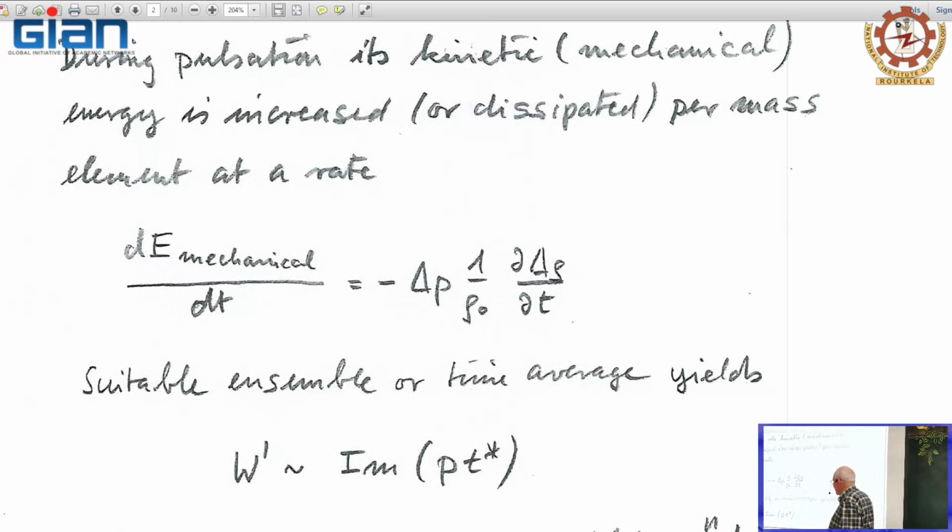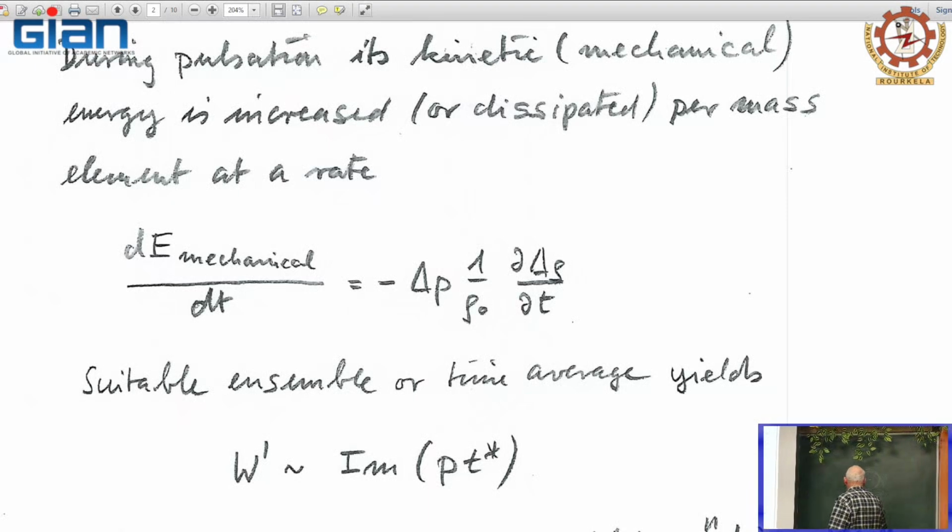What would happen if the changes of state were adiabatic? Adiabatic means delta T is nabla adiabatic times delta P. What would happen?